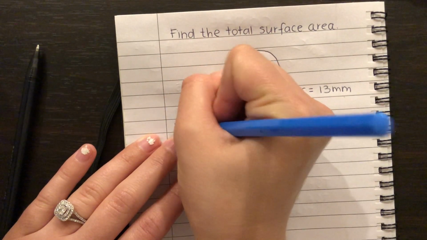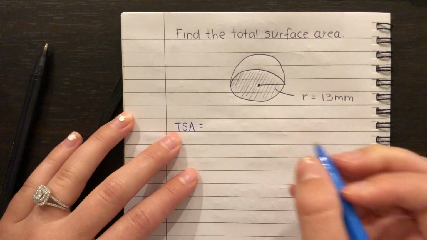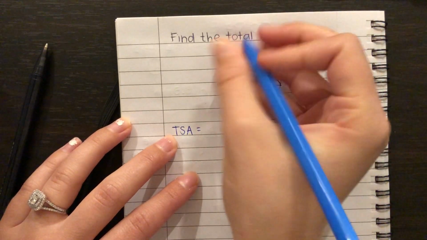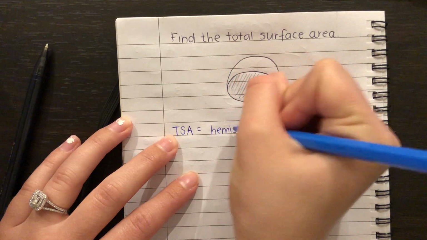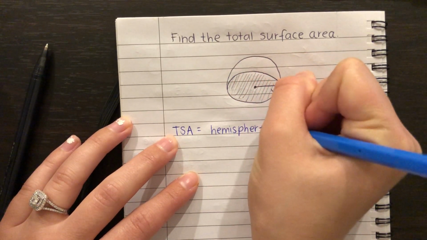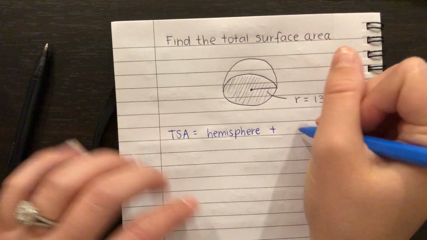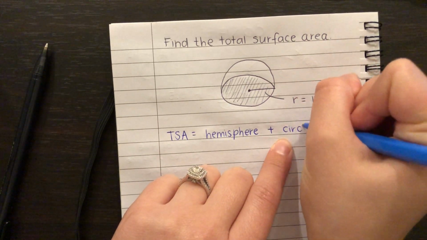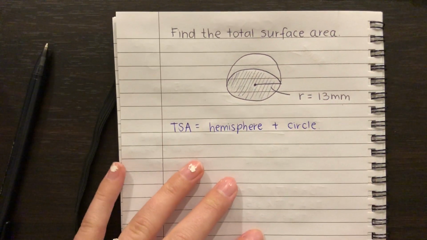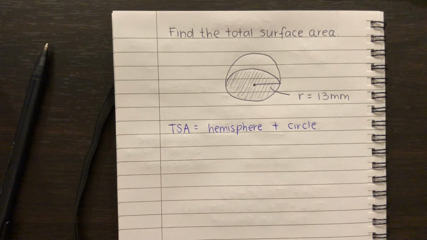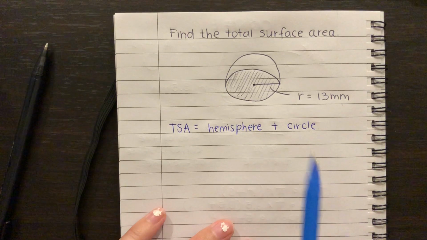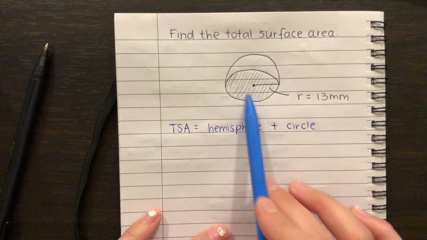So TSA equals the hemisphere area plus the circle area.